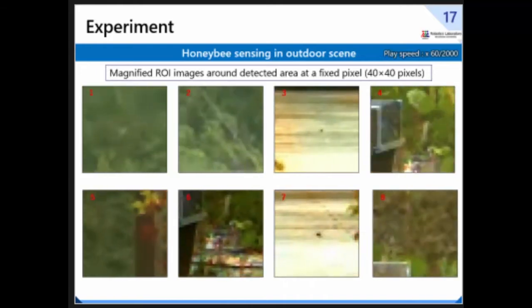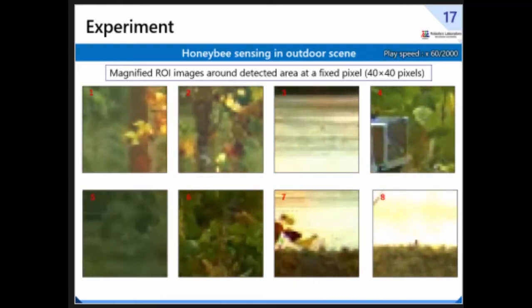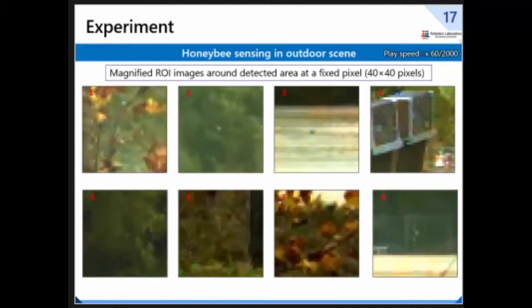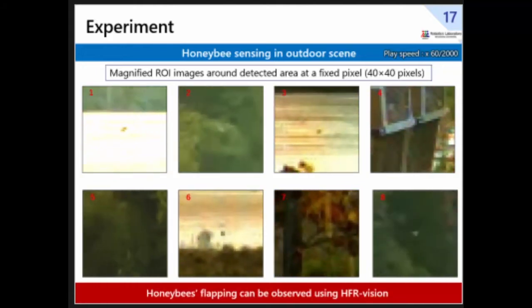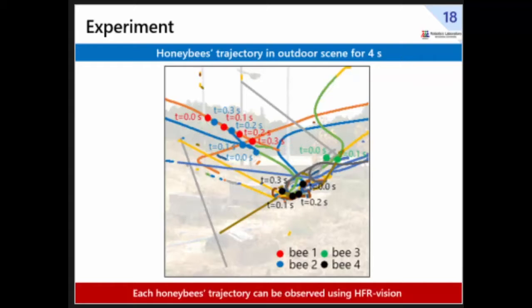These videos are magnified ROI, 40 by 40 pixel images of labeled honeybees. Honeybee flapping can be observed using high-frame vision. This is a trajectory of flying honeybees out of the scene for 4 seconds. As a result, we can track multiple flying honeybees with our method.